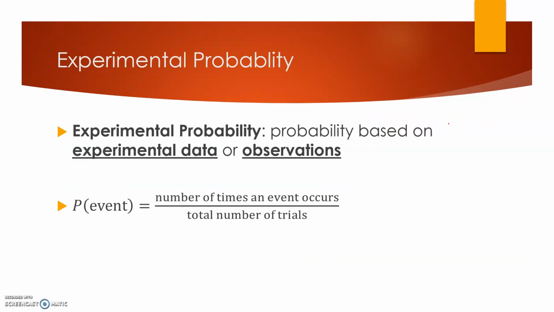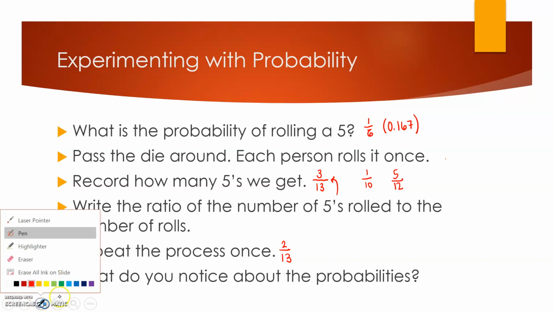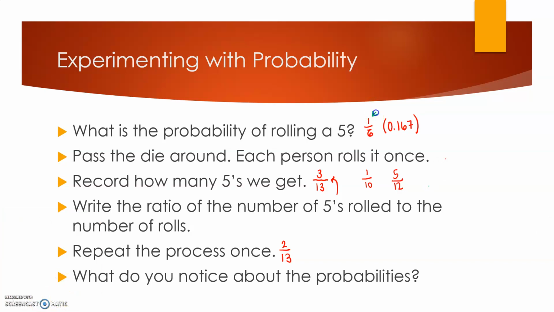So experimental probability is probability based on experimental data or observations. Or in other words, the probability of an event happening is equal to the number of times an event occurs over the total number of trials. So here, this answer is our theoretical probability. We know that there are 6 sides, there's 1 5, so theoretically, out of every 6 people who roll the die, 1 person should get a 5.